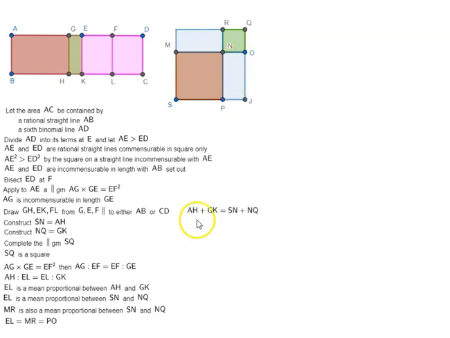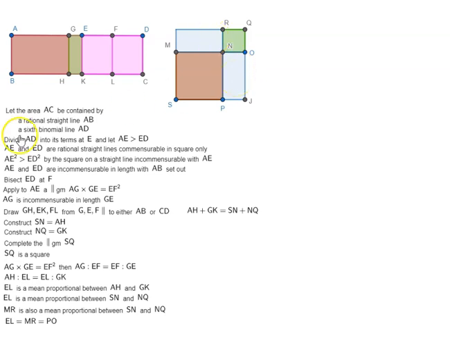So now AH plus GK is equal to Sn plus NQ because AH is equal to Sn and GK is equal to NQ. The remaining part of the square also will be equal. So that means MR is equal to PO, EL is equal to FC because again F is the midpoint. So since this brown and green is equal to brown and green, that means this pink part is equal to this blue part.